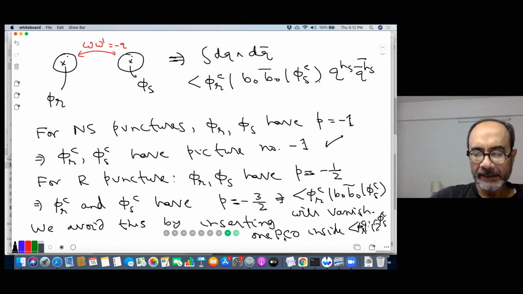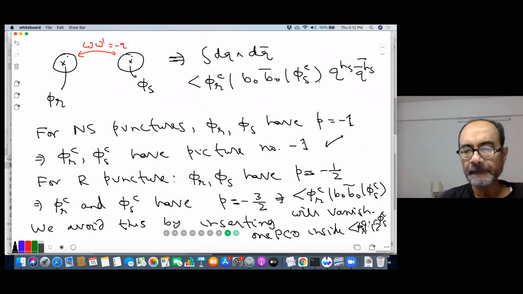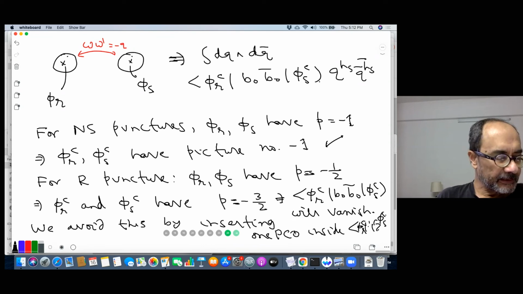In what form we insert it, I'm going to describe in the next slide. But is this procedure clear? Because then -3/2 plus -3/2 plus 1 will add up to -2, which is the correct number.